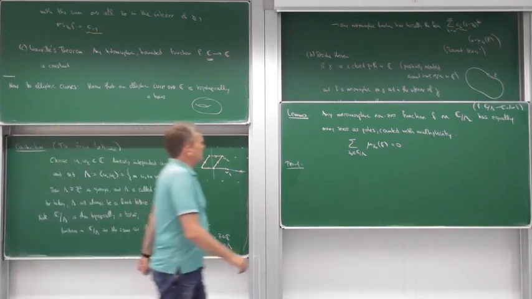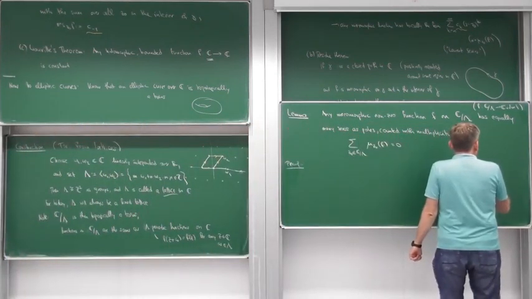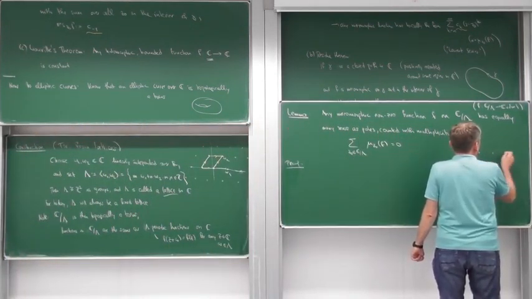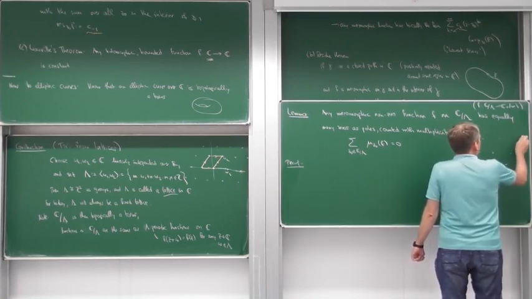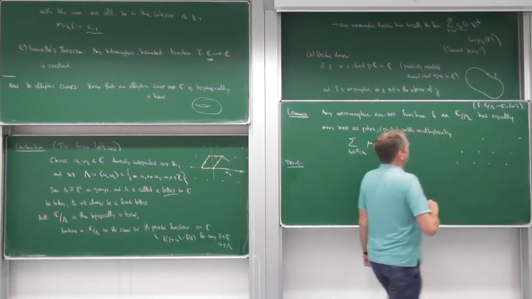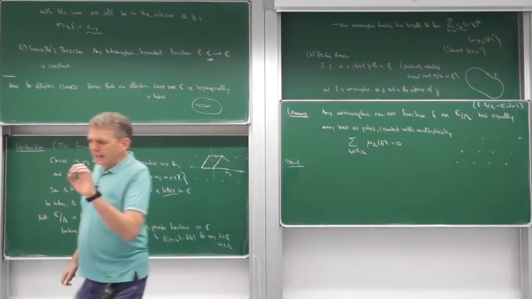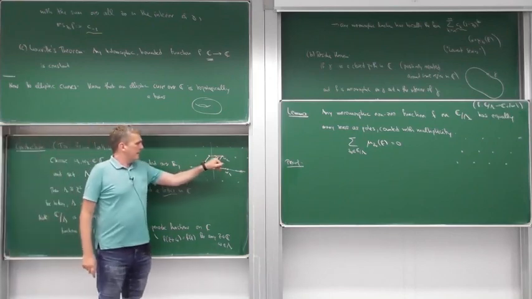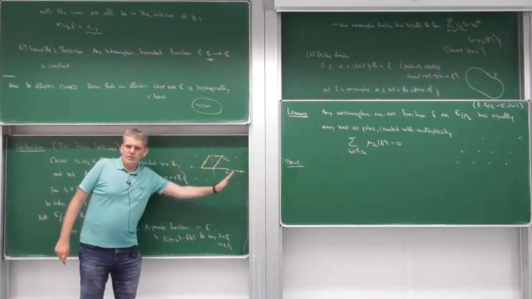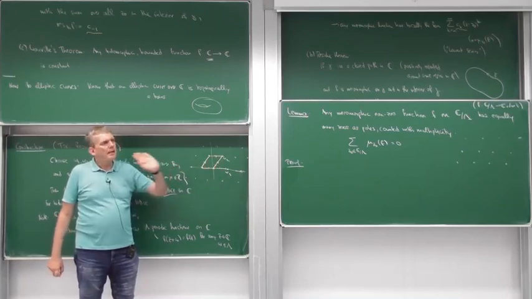So let's draw the picture of the lattice again. Here's our lattice. And what we want to do is, as we've already said, there will be a parallelogram like this that contains all the representatives of any point.